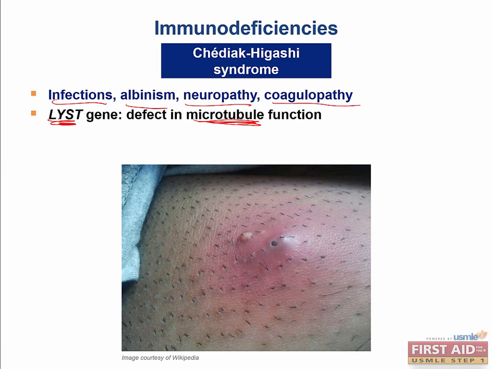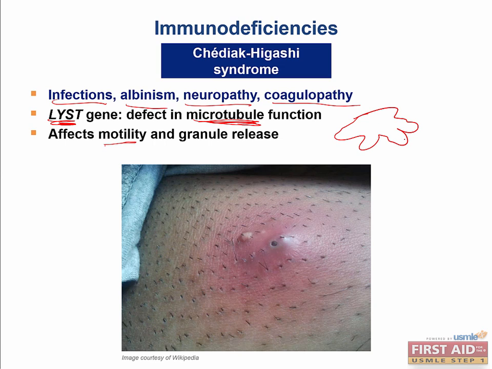What do microtubules do? Well, first of all, they assist with motility. So macrophages, from traveling around, they need pseudopods. And pseudopods require microtubules to bend and act as little arms, I guess, for these pseudopod structures on macrophages. So if they can't get to a site of infection, you'll have recurrent infections.